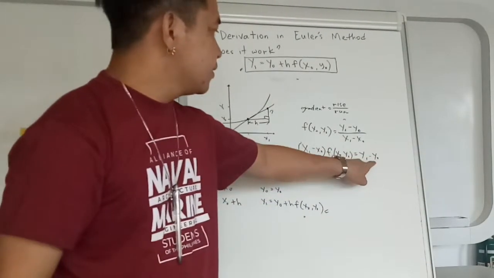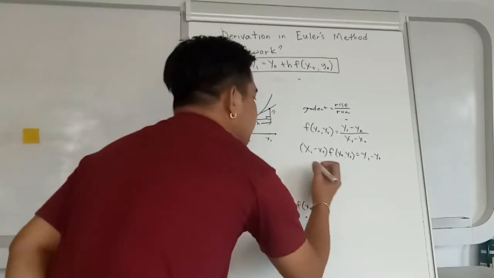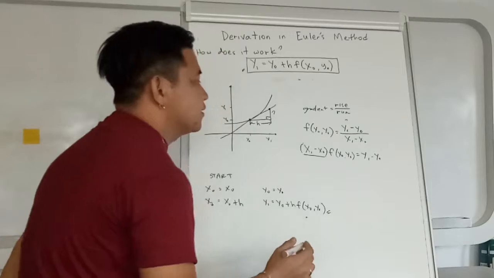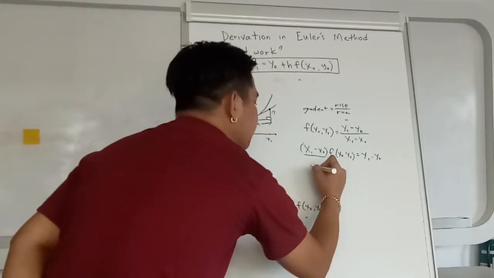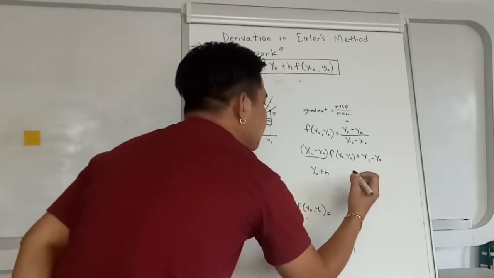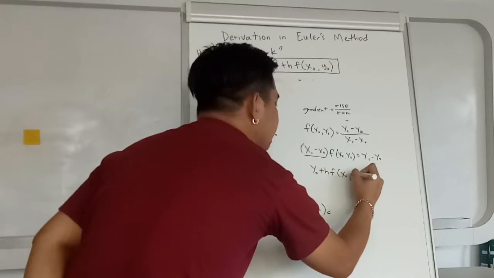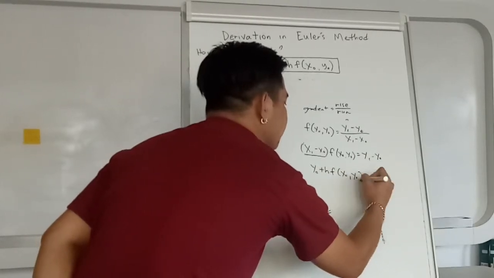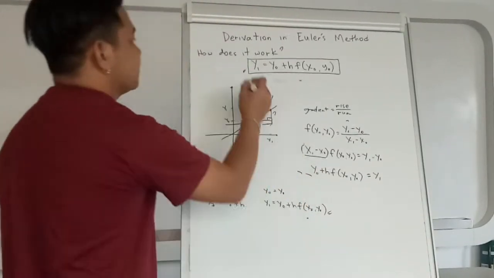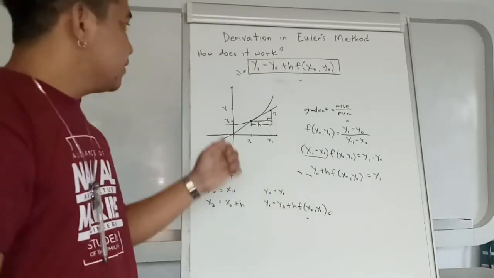We transpose the negative y sub 0 to the left side. So we know that x sub 1 minus x sub 0 is h. So y sub 0 plus h times f of x sub 0, y sub 0 is equal to y1. So it's almost the same. So that's how we get the formula using this graph.